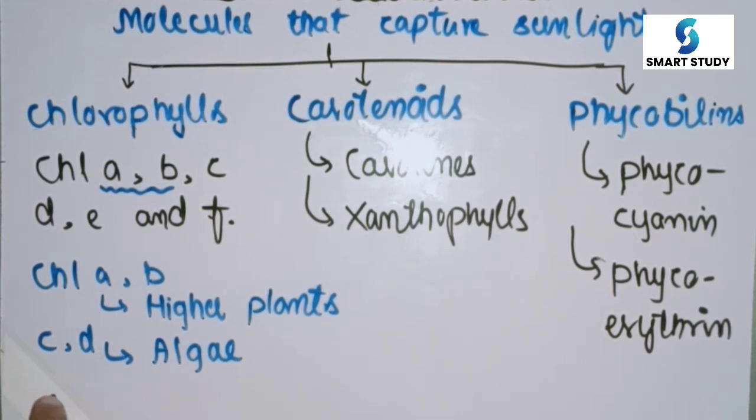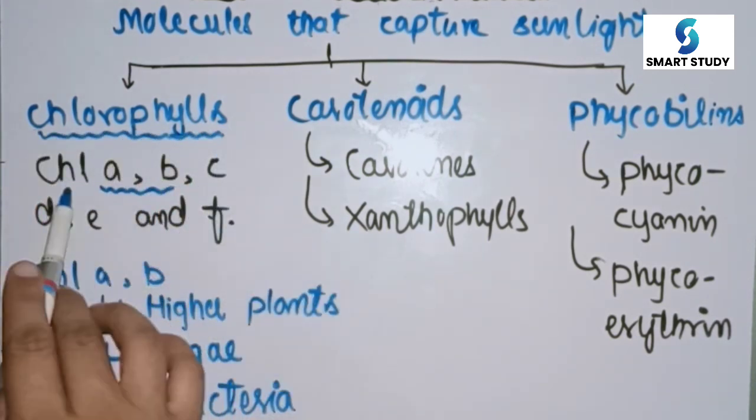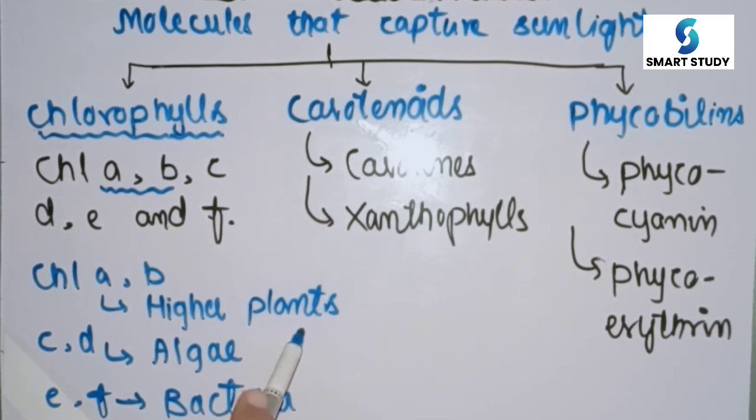And chlorophyll E and F are found in bacteria. So from the chlorophyll group, chlorophyll A and B are found in higher plants, chlorophyll C and D are found in algae, and chlorophyll E and F are found in bacteria.